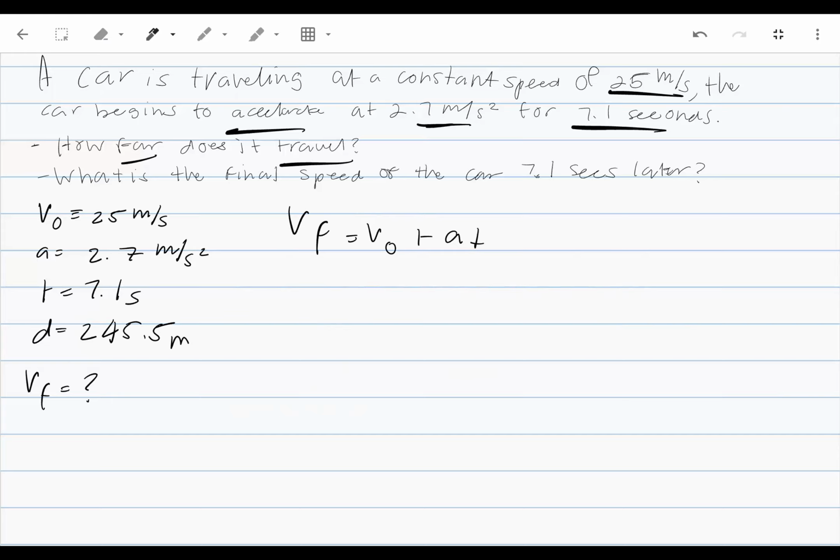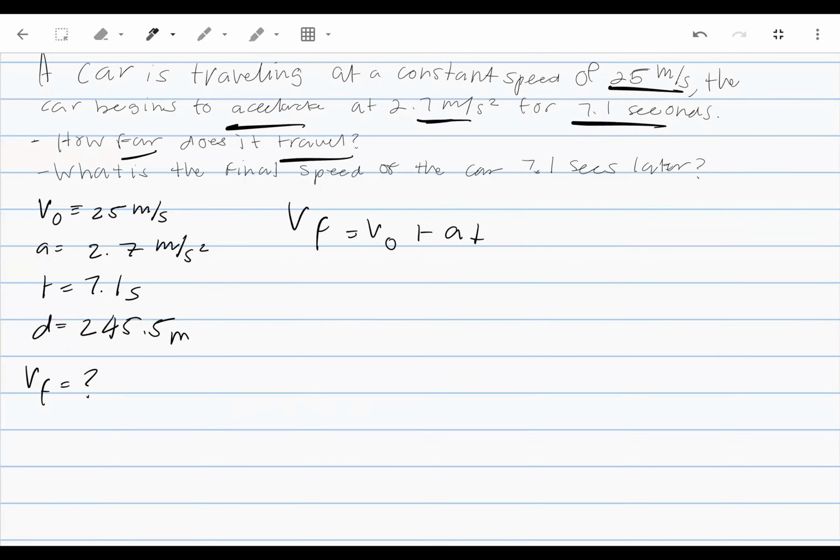So again, pretty straightforward. Just plug in any values you already have or were given. 25 meters per second plus your acceleration, which is 2.7 meters per second squared, and your time is 7.1 seconds.